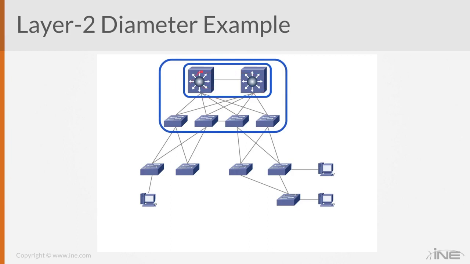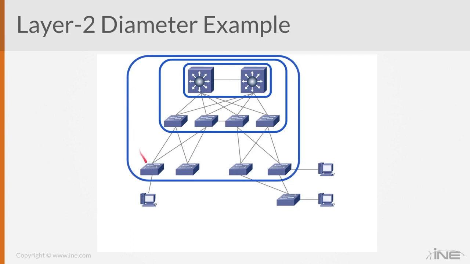So if this switch here creates a reconvergence event, it will be propagated to this guy here. Now, if we create another diameter, it means anything that happens here will be propagated into the other block, and so on.